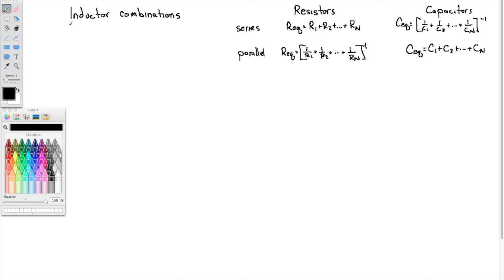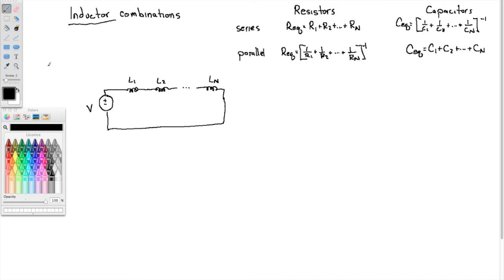Alright, so now we're going to look at how inductors can combine. So first consider this circuit where we have a voltage source and we have inductor 1 in series with inductor 2 and all the way up until the nth inductor.